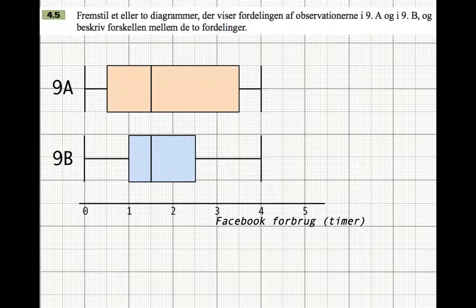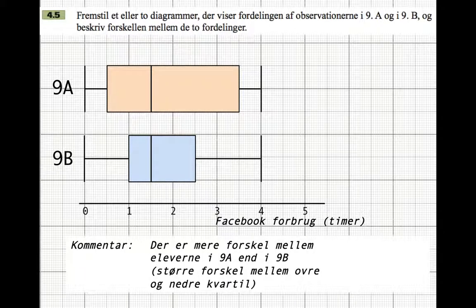So there's a box plot I've done with the lowest values and the highest values shown at the very ends, the median in the middle of the box, the quartiles, that's the 25% and 75% cutoff values shown, and then the whole thing's just on one scale, the same scale for both, so you can compare it.